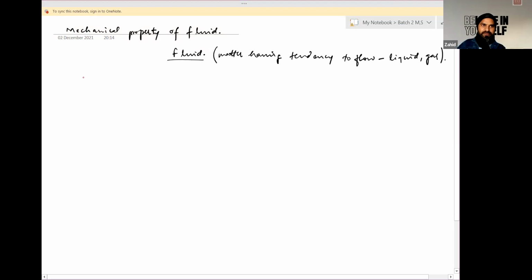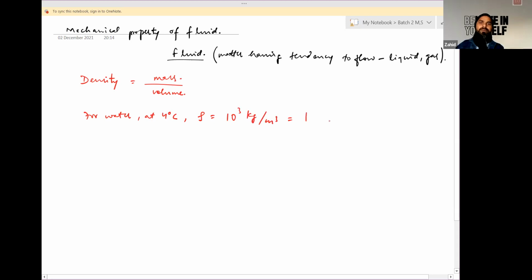For this particular fluid, first define what you mean by density. So density is crowdedness of particles. It equals mass of substance divided by volume. Water has maximum density at 4 degrees Celsius; density is 1000 kg per meter cube, or in terms of grams, it will be 1 gram per centimeter cube.